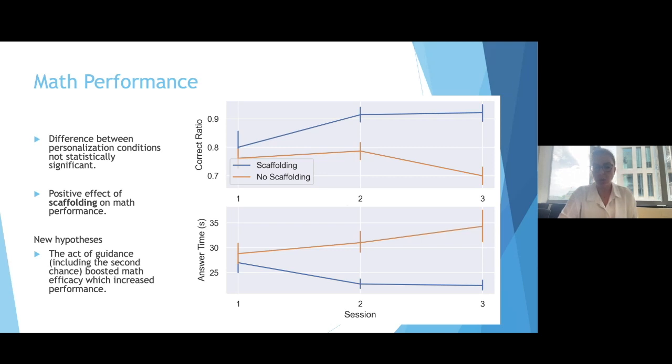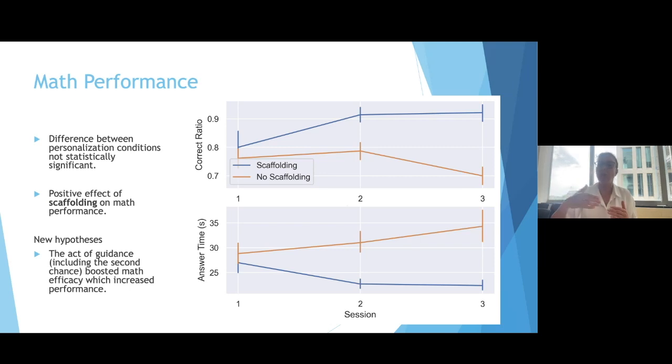So it is unlikely that the children improved their solving strategy from the few exposures they had with the robot. However, the consequences of making a mistake are lower in the scaffolding condition, because they got more guidance and the robot offered more help for a second chance.